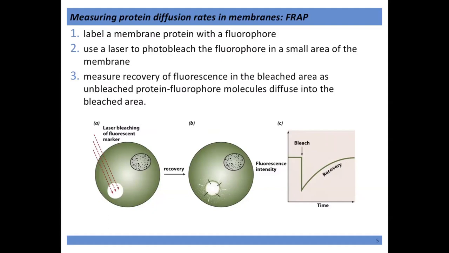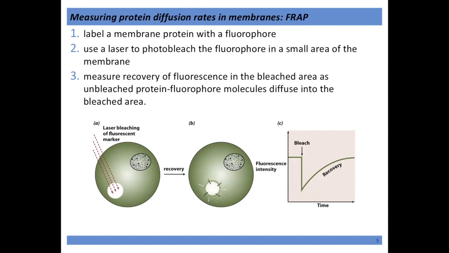But again, an interesting experiment to show that these membranes can actually move is, in this case, they've attached a fluorescent probe to a protein, and they've also done this with lipids. So this experiment, which is known as FRAP, which is fluorescence recovery after photobleaching. The experiment could be used to both show that lipids move or also proteins.